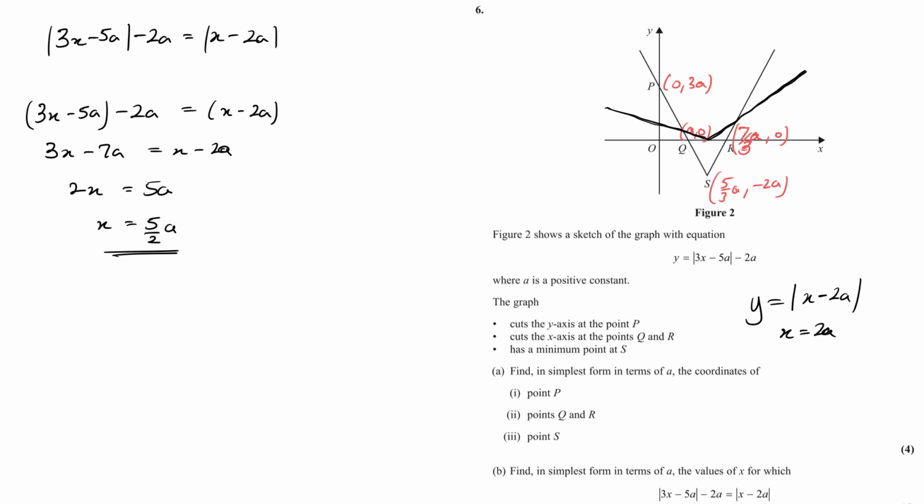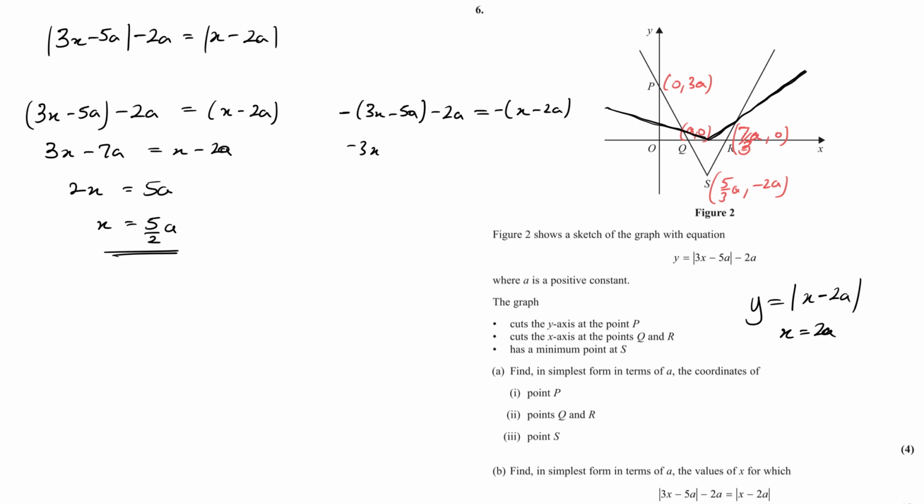Now, when we look at the second one, what's happening with the second one? Well, the second one is happening with the changed graph. So we know this should be minus, and this also has the changed graph. So we're actually looking at minus 3x minus 5a minus 2a equals minus x minus 2a.